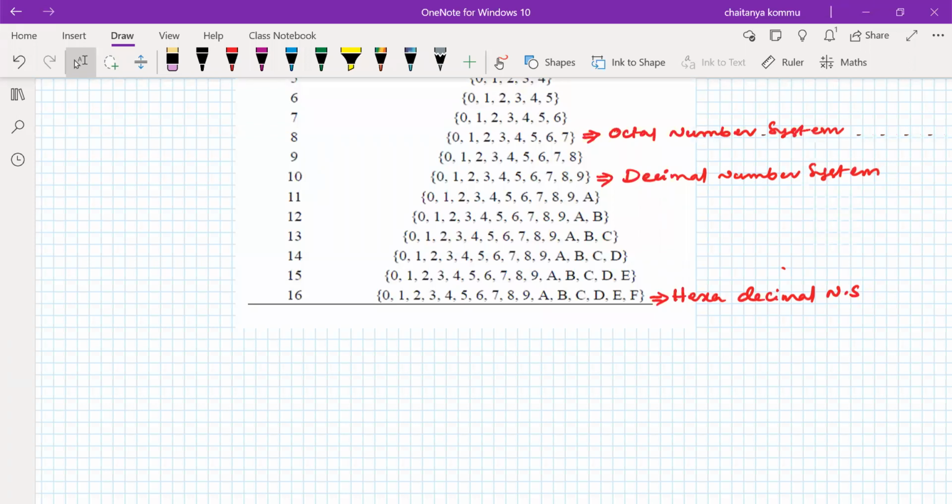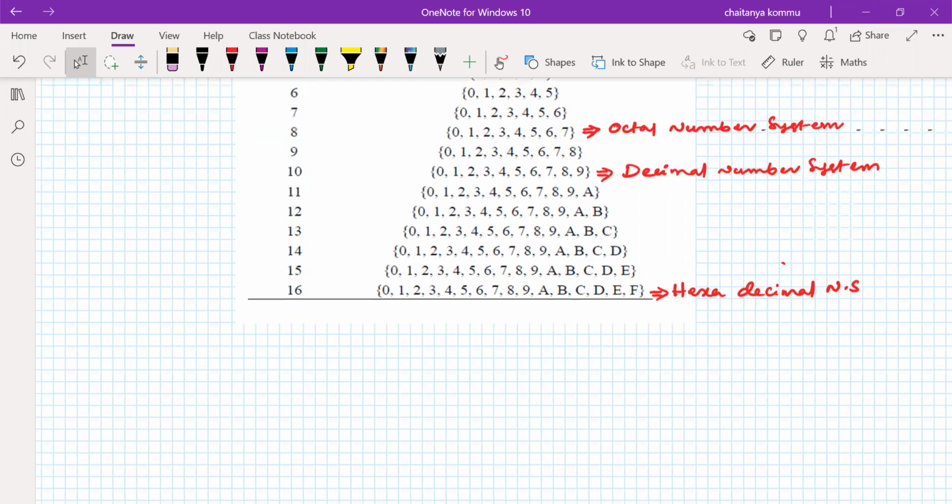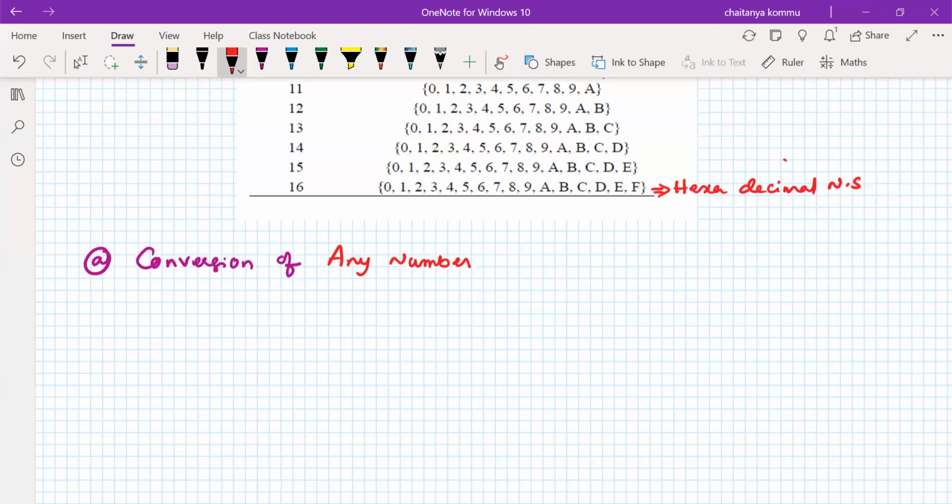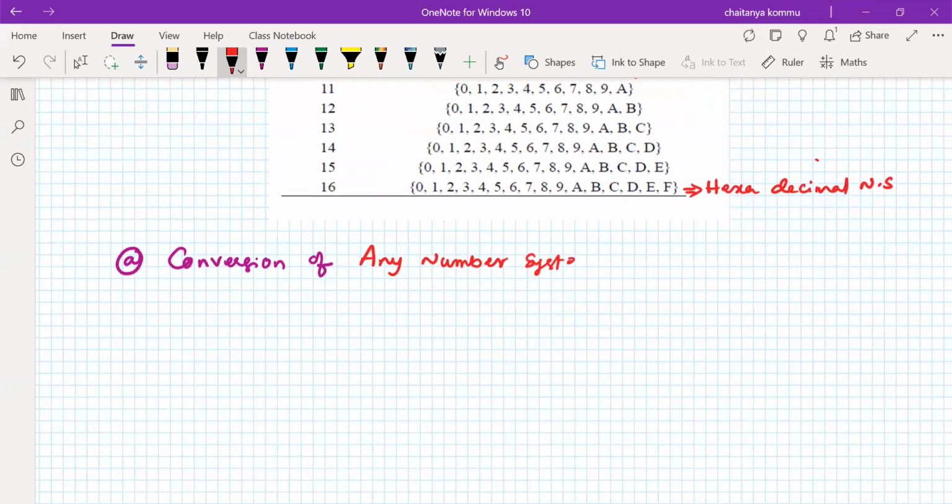Humans are able to understand numbers clearly only in the decimal number system, not in other number systems. So the topic of discussion today is conversion of any number system into the decimal number system.